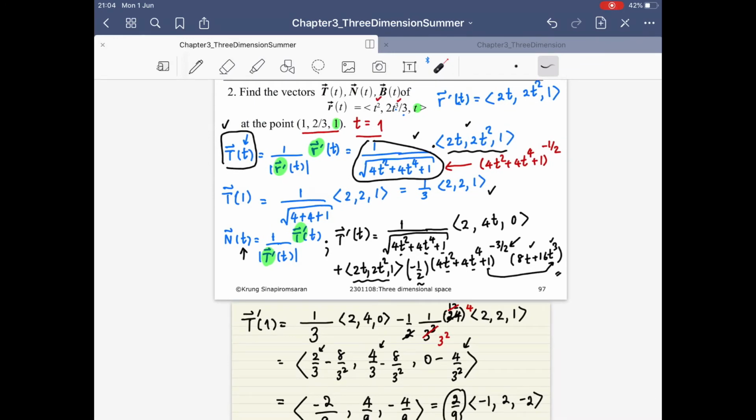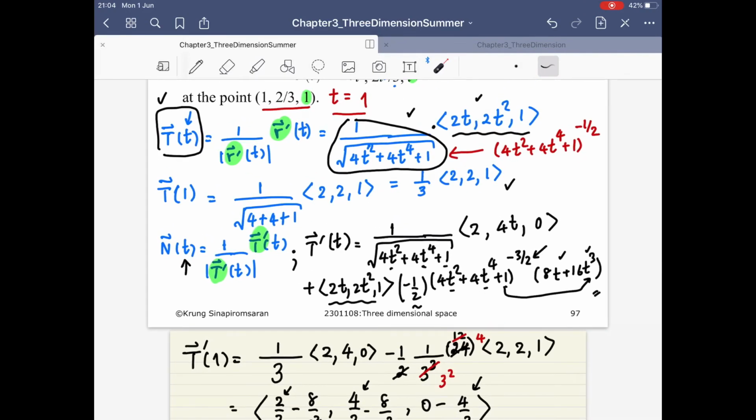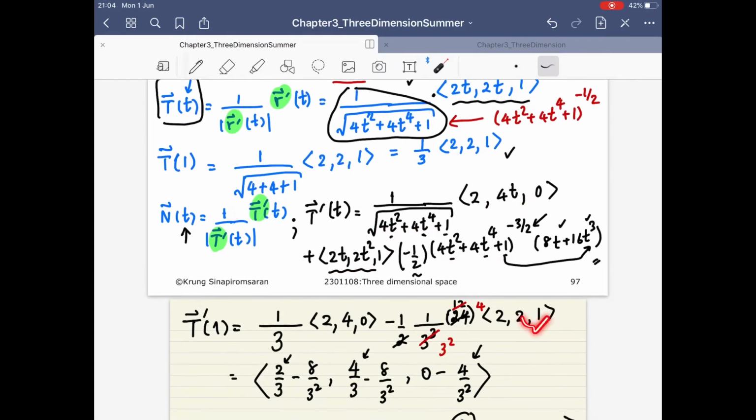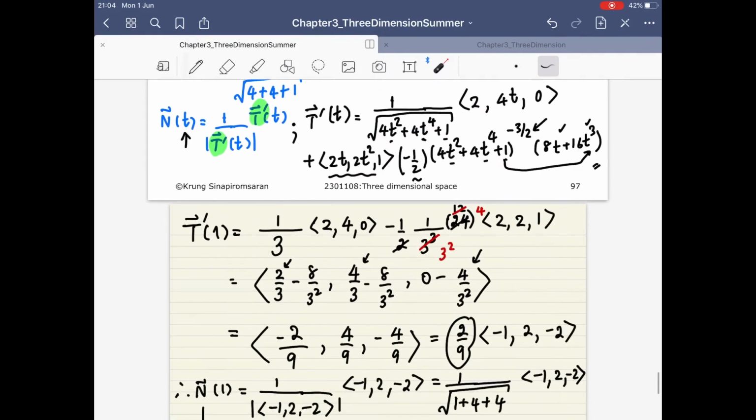So for example, your small t is 1, so you just plug in as numbers. Everything will be just numbers, and it will be a lot easier for you to calculate. After you got your capital T prime, then you try to pull out the factor if you can. If you cannot, you just leave it like that.